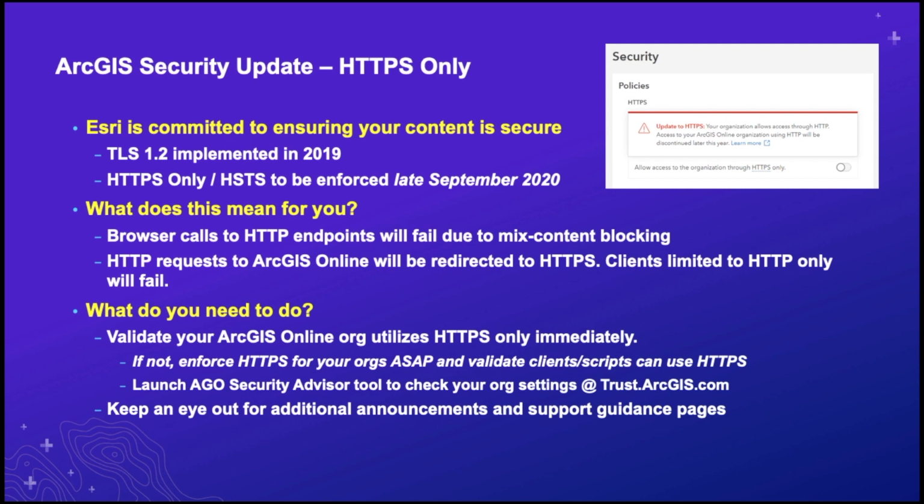So if you run your application or your map viewer under HTTPS, and you're using, say, hosted services which are under HTTP, you will see some mixed content warnings and some failures. That's the kind of thing that might start failing if you have references to HTTP.